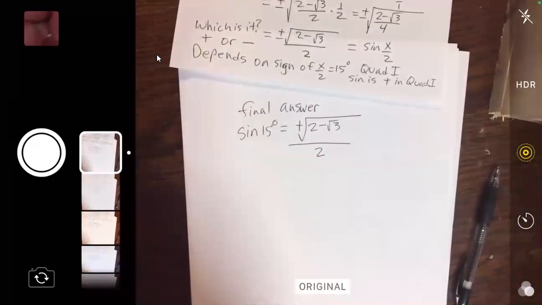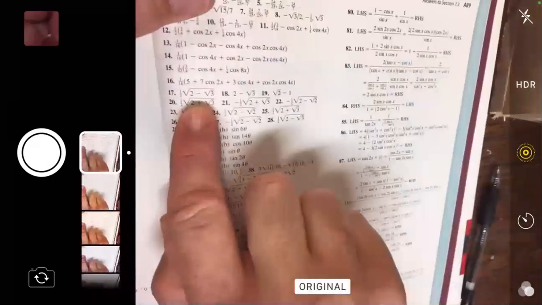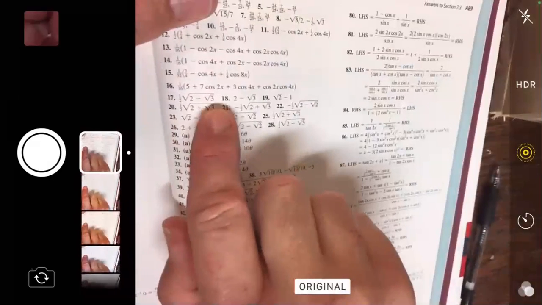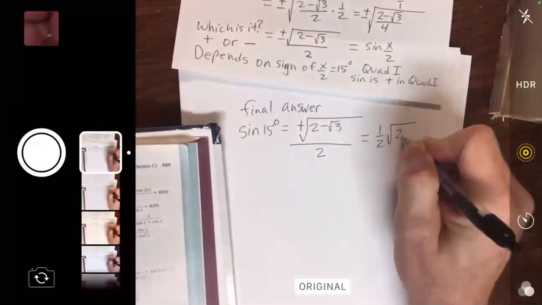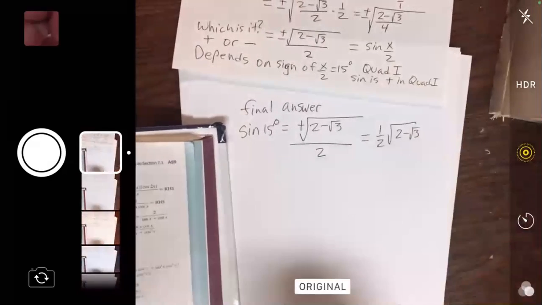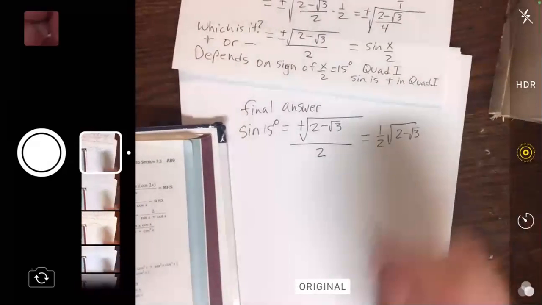Okay, they pulled the half to the front. So they got the square root of 2 minus root 3, and pulled the half to the front, meaning they wrote it as 1/2 of the square root of 2 minus root 3. This is the book, so hopefully you recognize it's the same.